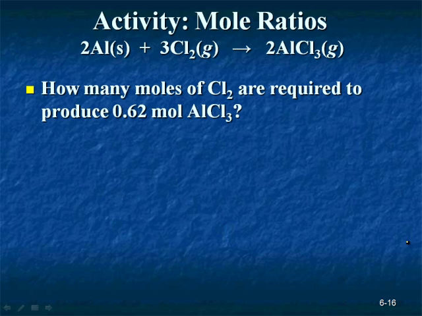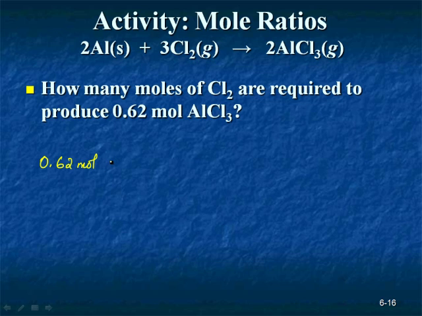So we have 0.62 moles of aluminum chloride. It's the same; we are starting with what we are given. It's just that the wording is a little bit different. Same concept.